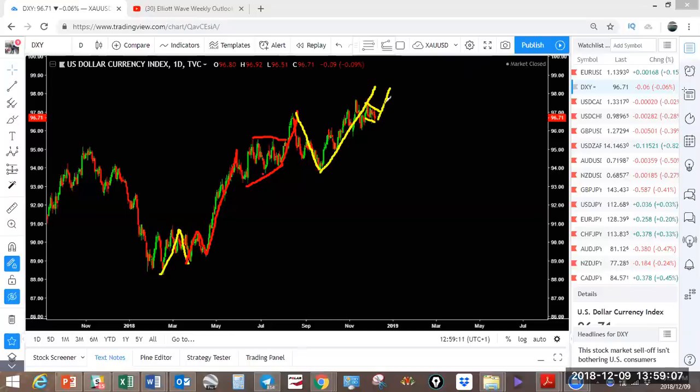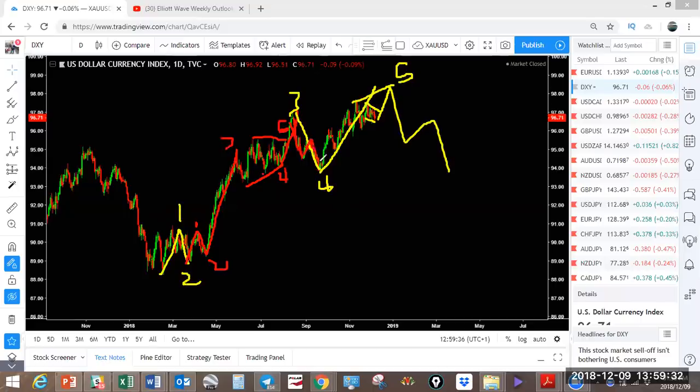When that push higher happens, we should be getting divergence for downside, and that downside should be the 3-wave pullback that we were looking at on Euro US dollar. So this is 1, 2, 3, 4, and wave 5: 1 in the lower degree, 2, 3, running triangle, 4, 5 in the lower degree.